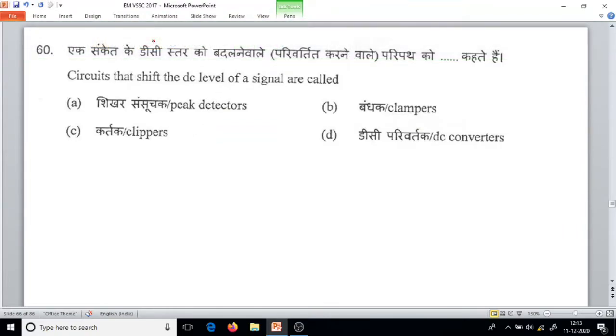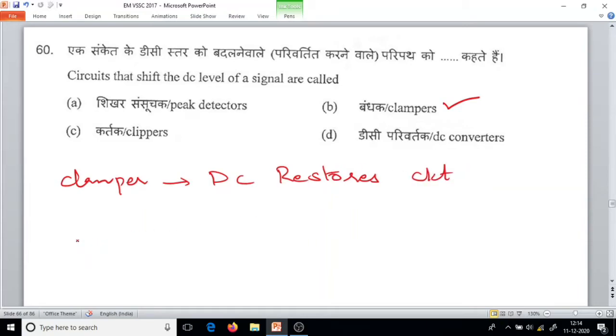Question number 60. Circuits that shift the DC level of a signal are called clampers. The clamper is also known as a DC restorer circuit. See, if you have a waveform like this, this is a reference line.